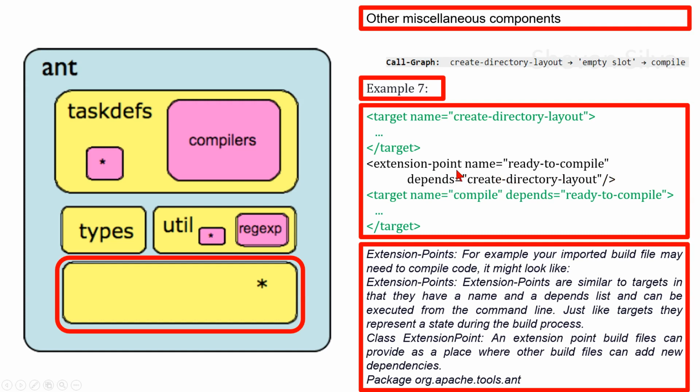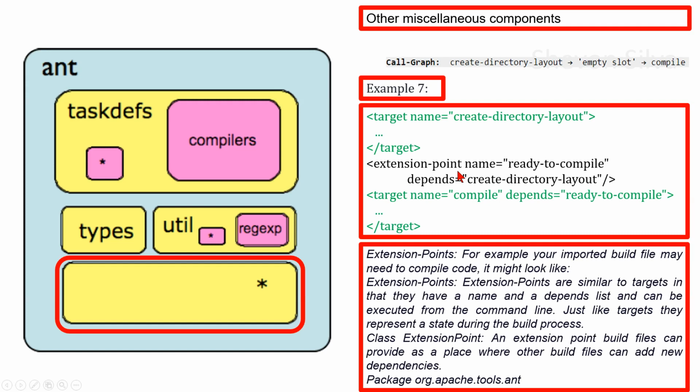Just like targets, they represent a state during the build process. With regard to API, we can consider class ExtensionPoint. An extension point is a place in build files where other build files can add new dependencies.